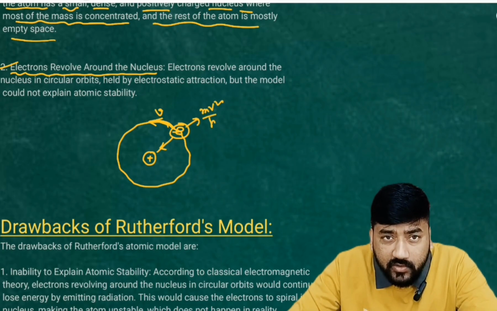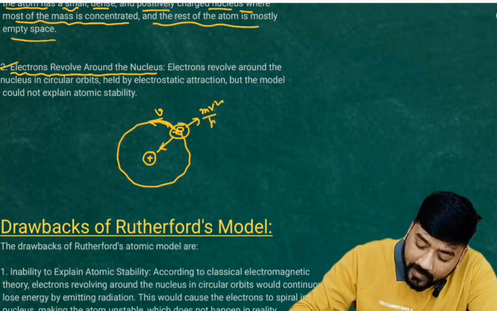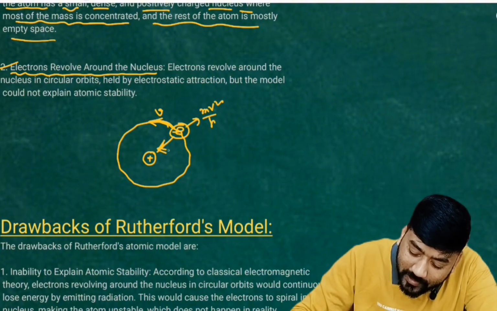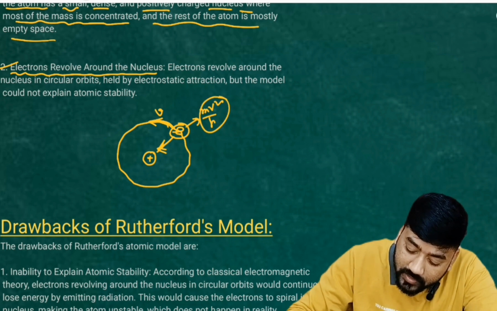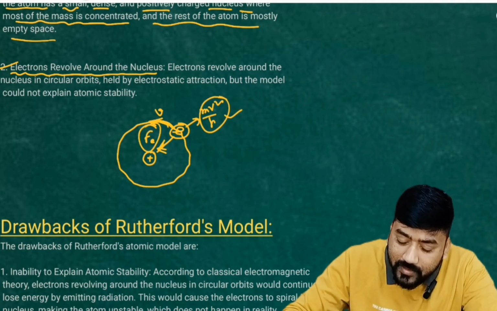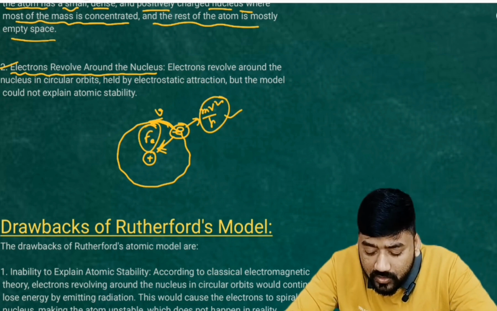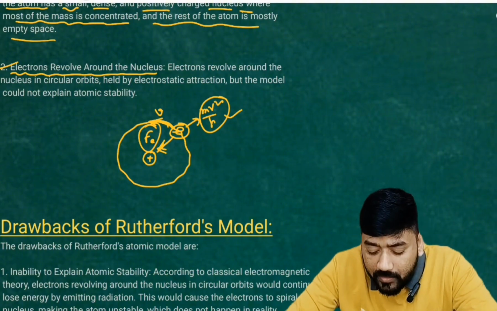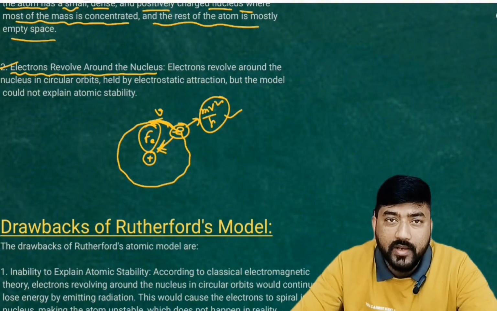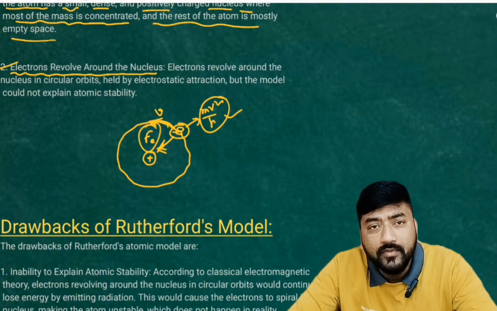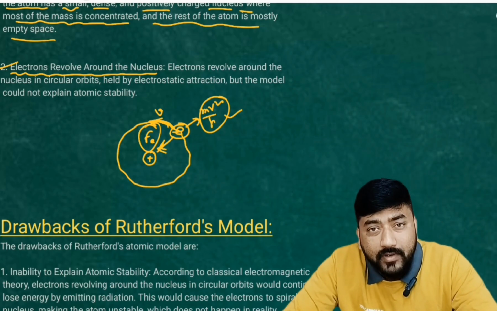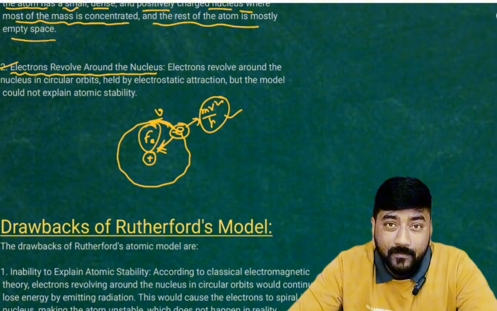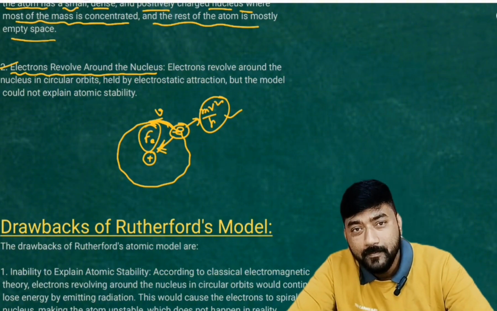You have already studied this in your circular motion chapter. And if there is an electrostatic force towards the nucleus, then these two forces, this electrostatic force Fe and this centrifugal force, will balance the electron. So there will be a radial equilibrium and the electron will rotate around the nucleus. For each and every electron the same logic is applied and the atom will be stable according to the Rutherford model. So this was basically the Rutherford model.